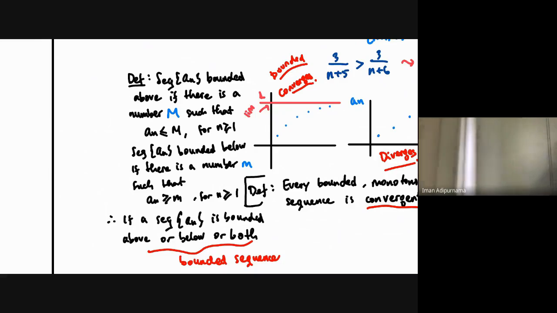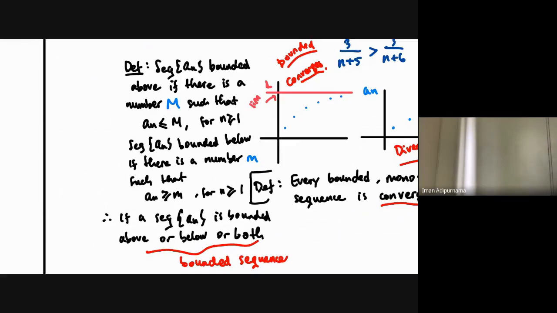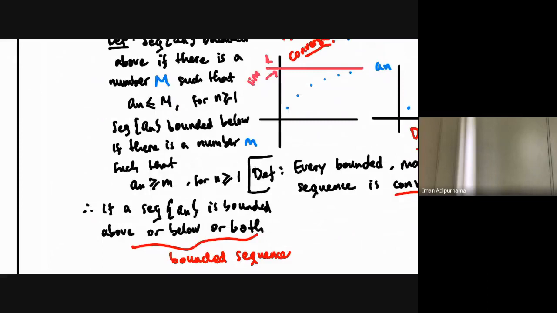And again, because I mentioned both above and below, it's also not always convergent. For example, if it's going up and down, up and down constantly in that way, then it also diverges, because it has at least two bounded values.